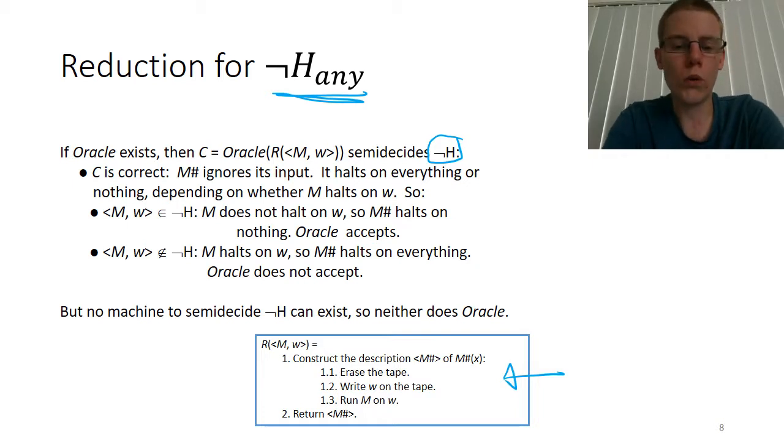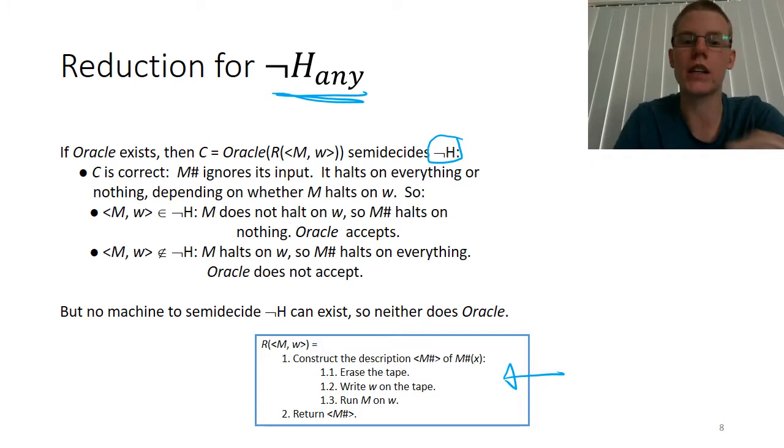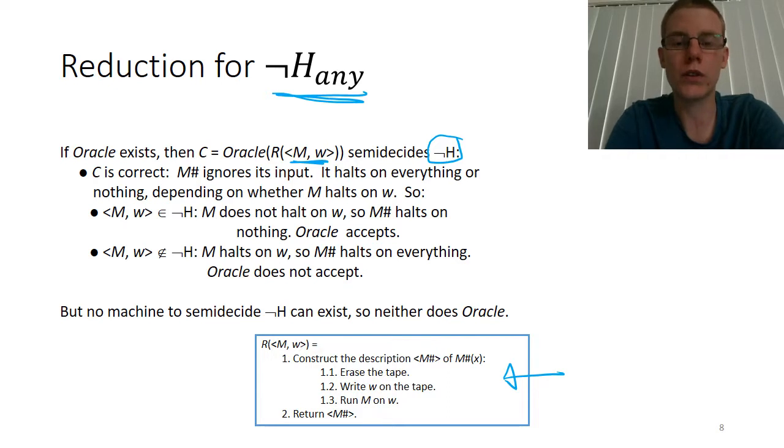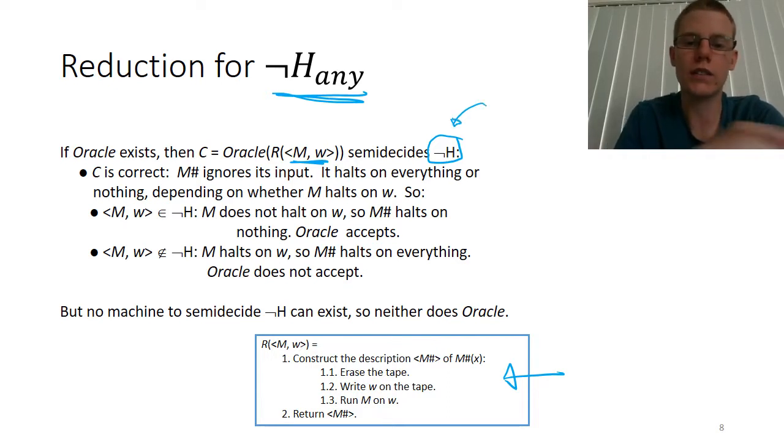Because remember, for all possible inputs our machine M hash is given, it will only end up running M on W. So if M halts on W, then our machine will halt on all strings. And the only way our machine will halt on no strings, i.e. being a yes instance to this problem, is if the original machine M didn't halt on W, which is exactly the question we're trying to semi-decide with this.